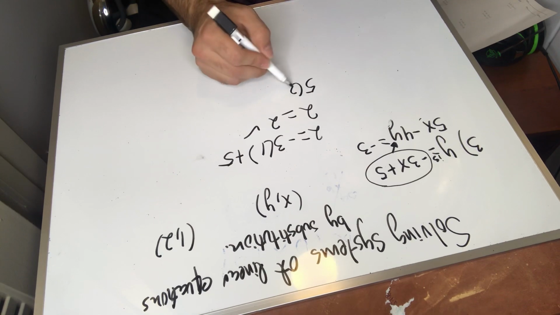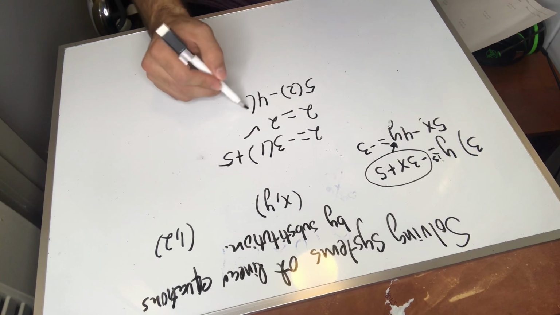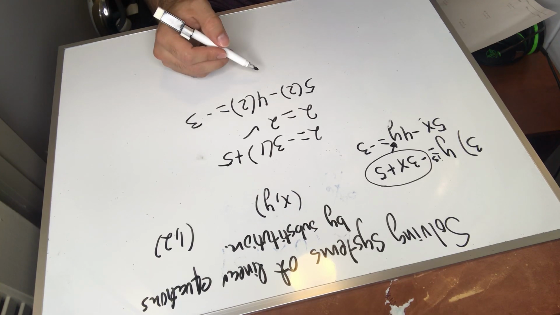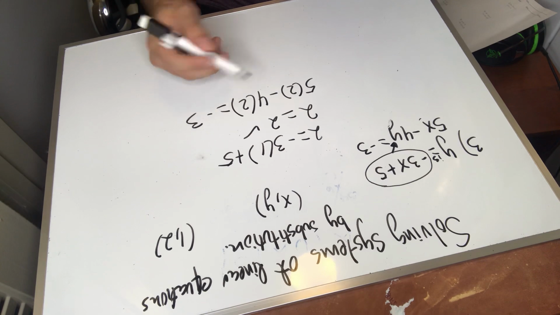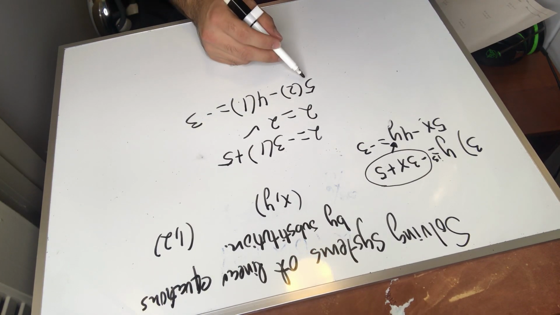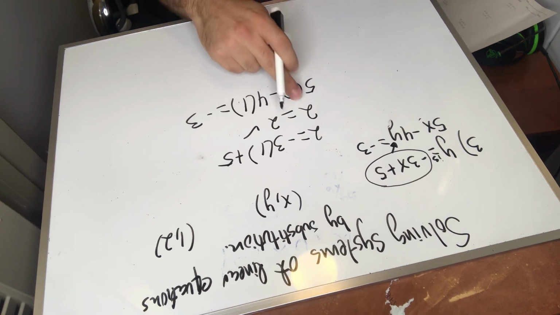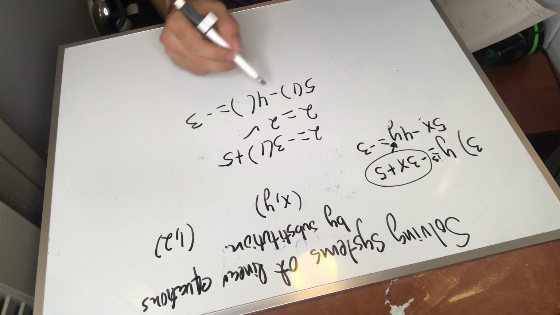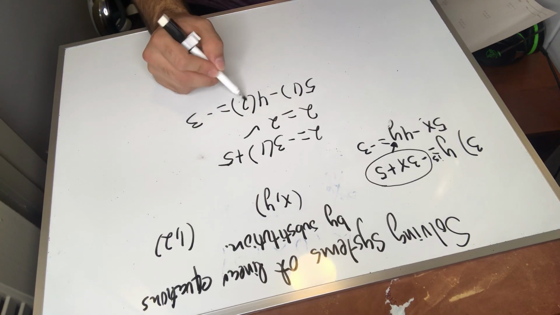So it's 5 times 2 minus 4 times 2 equals negative 3. Oh sorry, this should be a 1. One more time, x is 1, and y is 2.